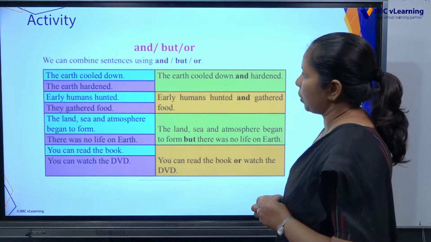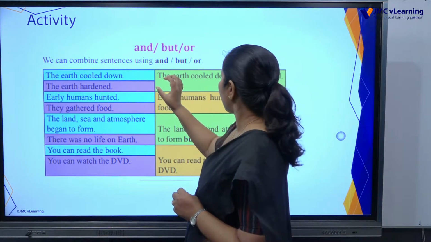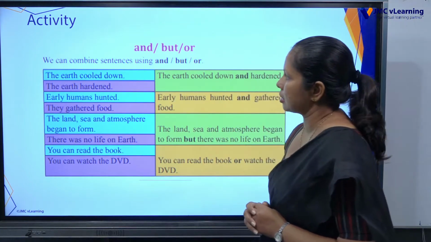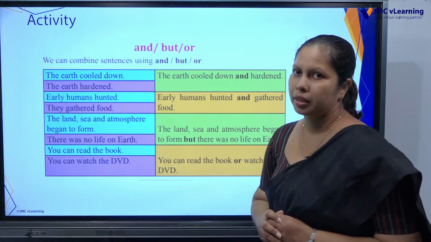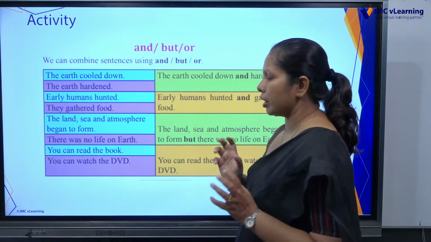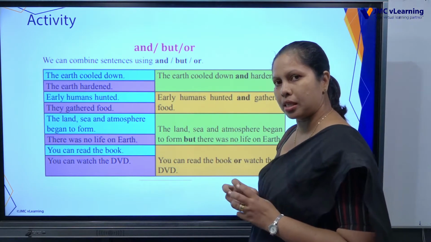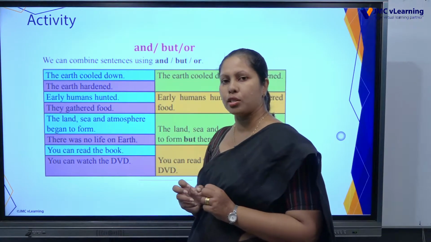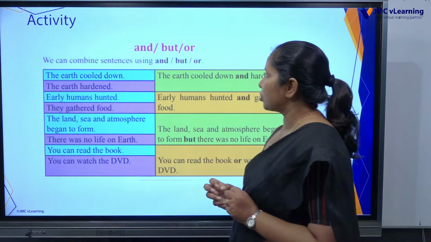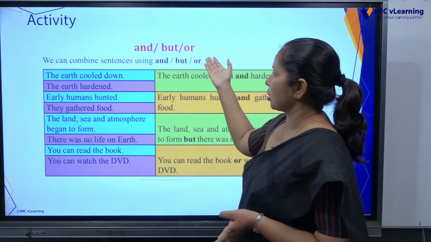Here in the first one there are two sentences. The earth cooled down, the earth hardened. We need to join these two sentences together. So then we need to use a conjunction.